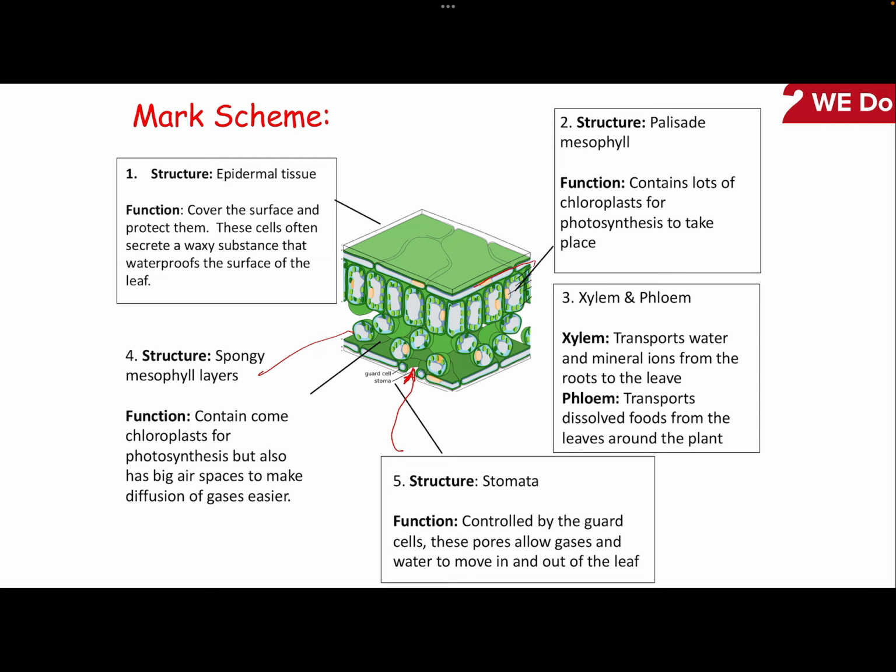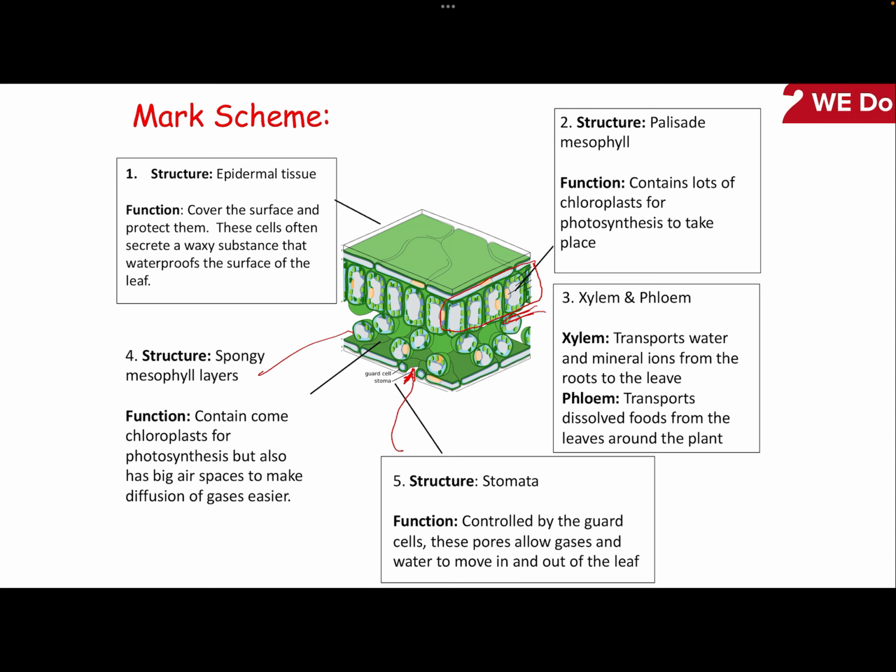The palisade mesophyll is where you have these tightly packed cells loaded with chlorophyll. The xylem and phloem are also found inside this section. Can't see anything on there, but it's there, and that's where you have transport taking place.